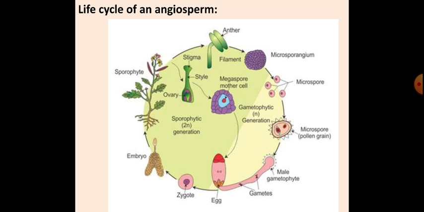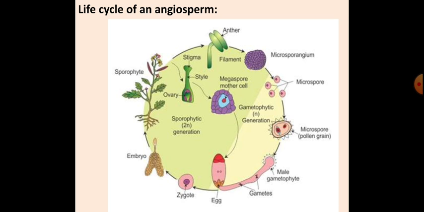You have studied in gymnosperms, that will be having microsporangium. Microsporangium will undergo meiotic cell division and develop the male gamete that is called pollen grain. You can see anther and filament form microsporangium.